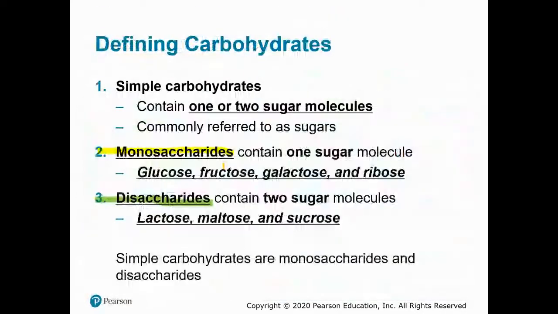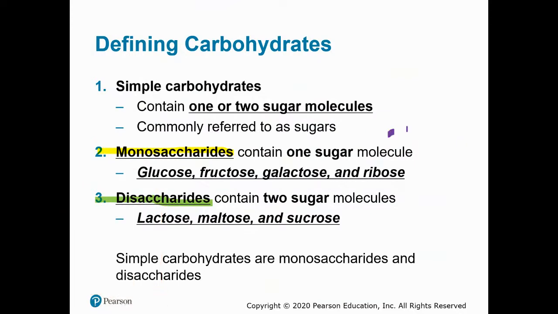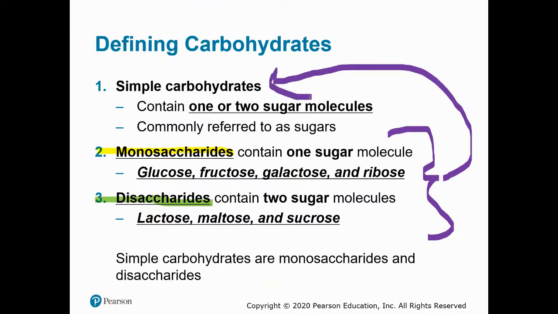So let's go back here and talk through each of them. So monosaccharide and disaccharide are here on the same page because collectively these are simple sugars or simple carbohydrates, commonly referred to as sugar.